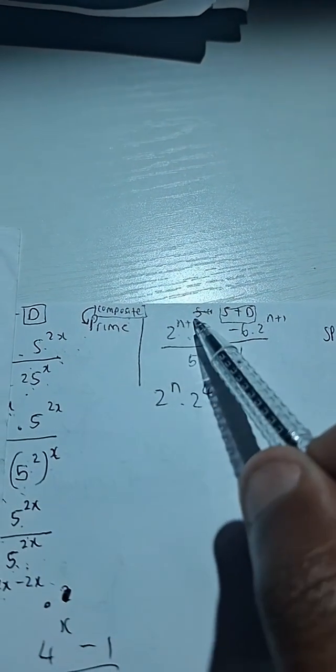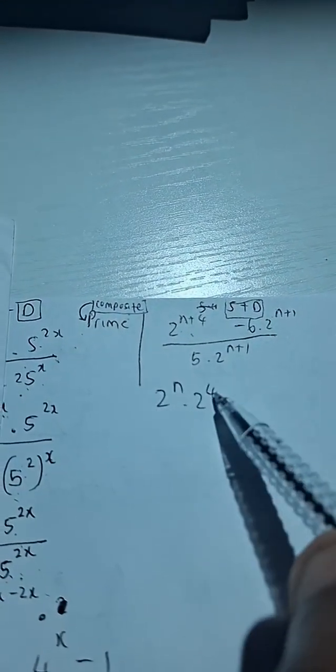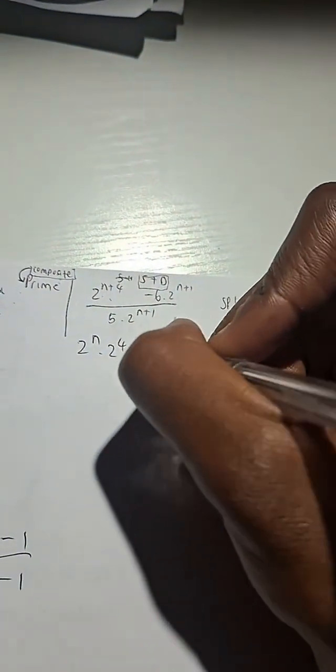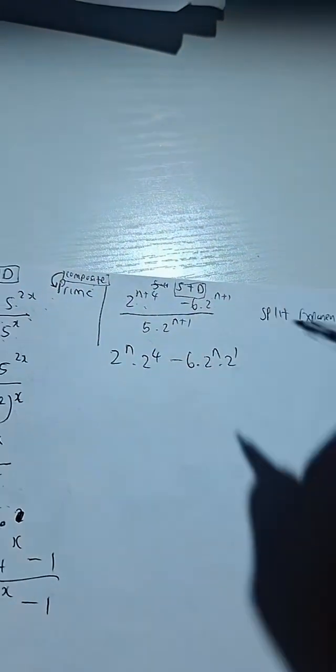Especially because we see that 2 as a base is raised to the power n, so the coefficient of n is 1, and here 2 is also raised to the power n, so the splitting and dividing method will help. We say 2 to the power n times 2 to the power 4. That's how we get 2 to the power n plus 4 in its original state, minus 6 times 2 to the power n times 2 to the power 1.